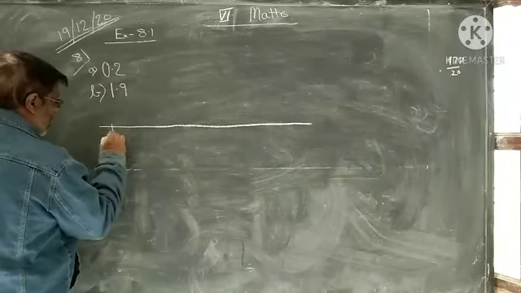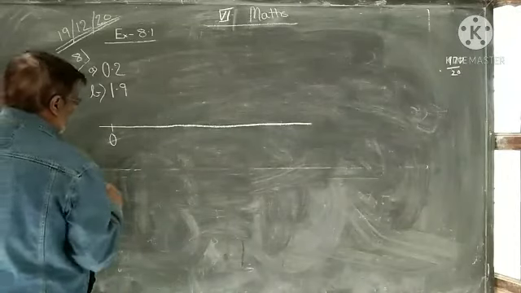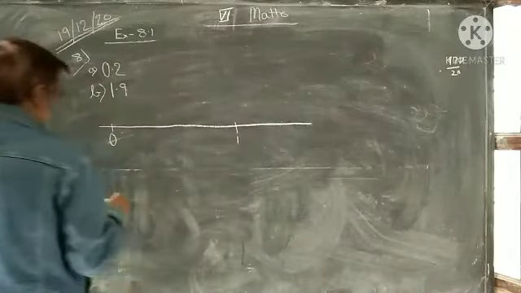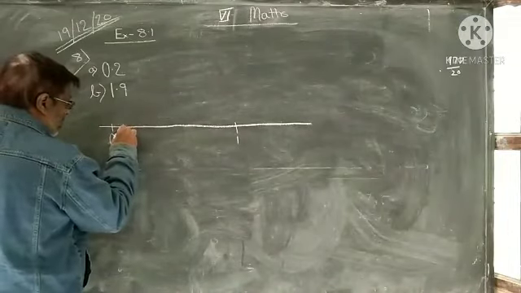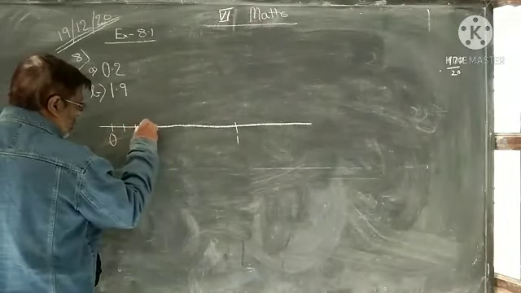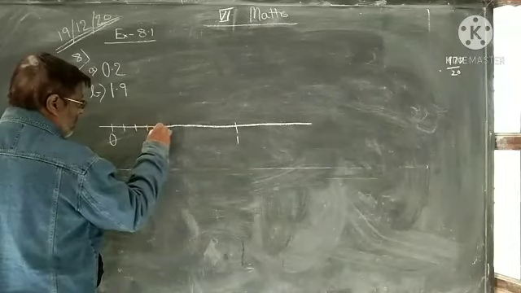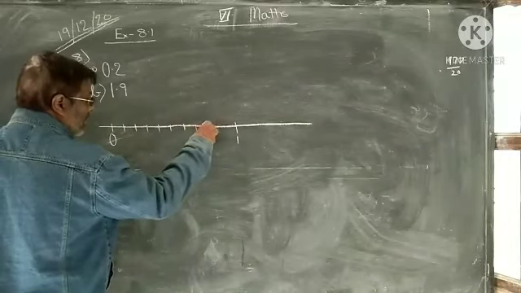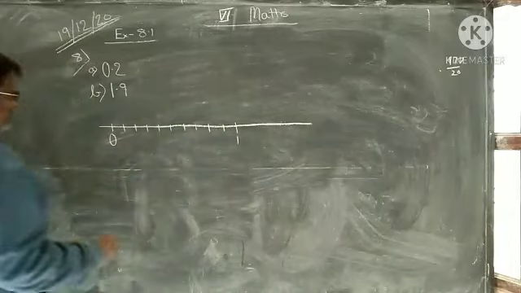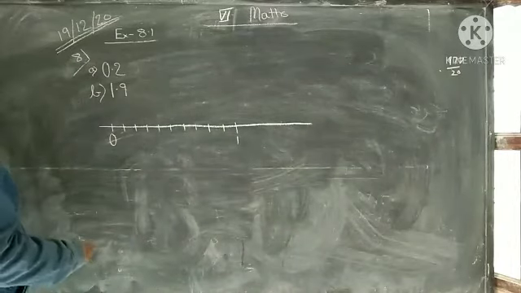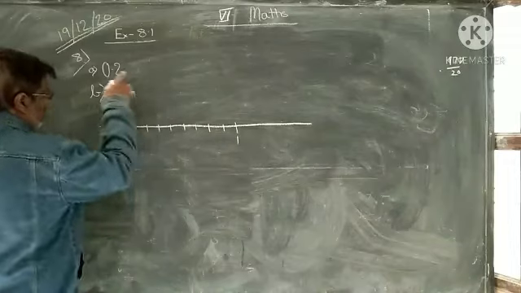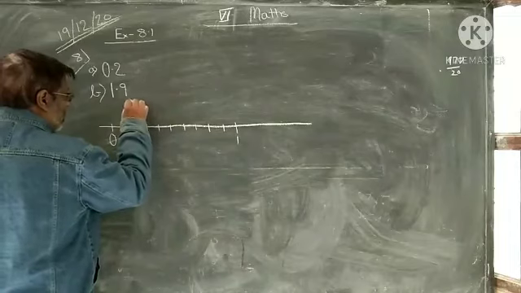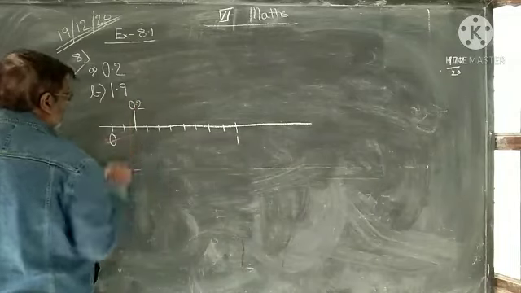Let it be like this. So let's mark this point as 0. Let's mark this point as 1. Divide them into 10 parts. 2, 3, 4, 5, 6, 7, 8, 9. So let's mark 2 from here, 0.2. So it will come 2 over here. So we will mark 0.2 over here.